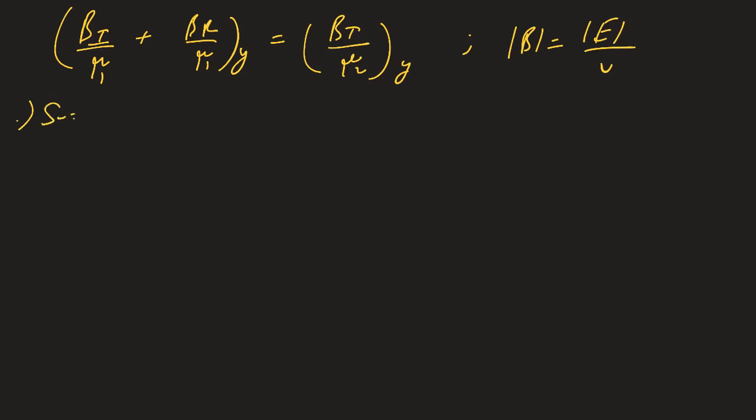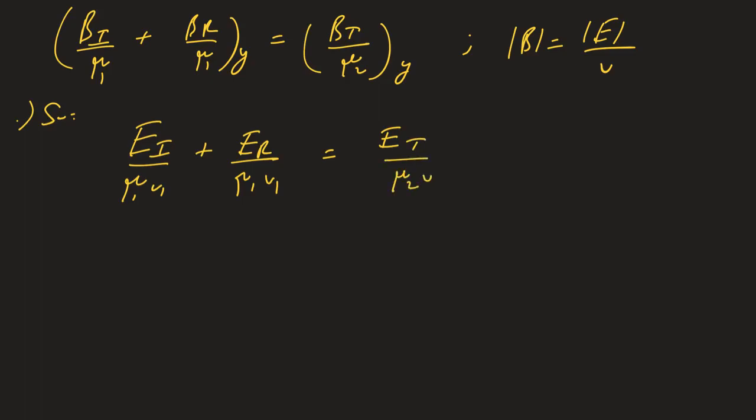So we get a third and final equation which we can use, which is that EI over mu 1 V1 plus E reflected over mu 1 V1 is equal to E transmitted over mu 2 V2, and this is what we'll call equation C. Okay, so now in total, equation A, equation B, and equation C give us three equations that we can use.